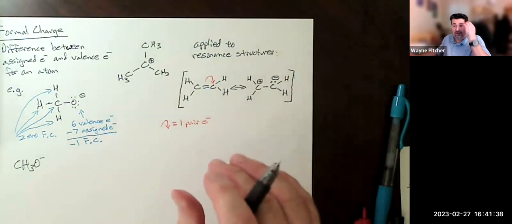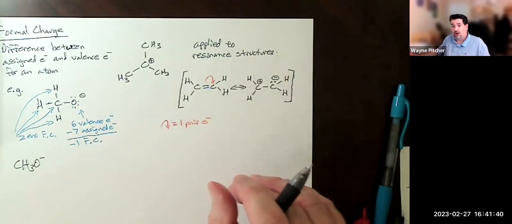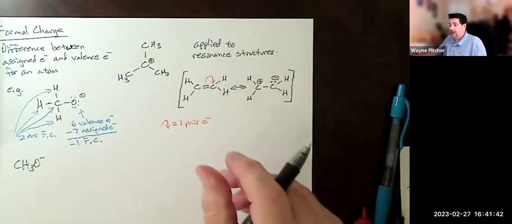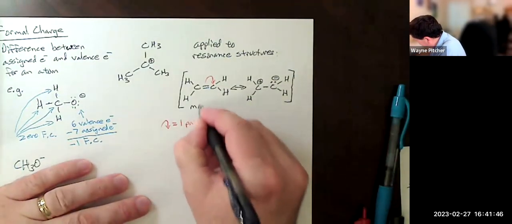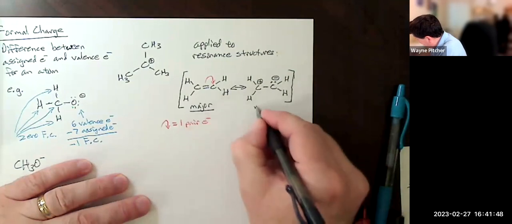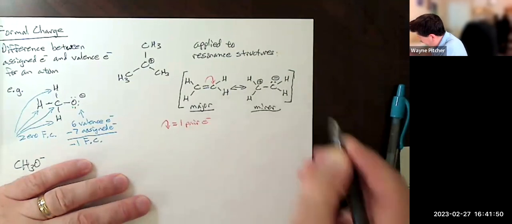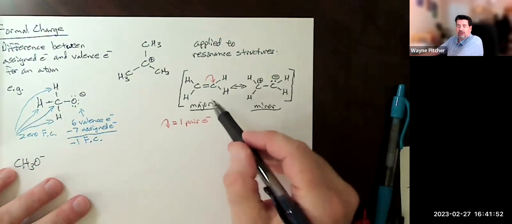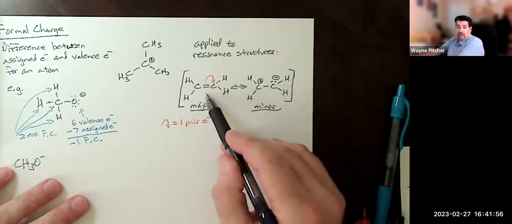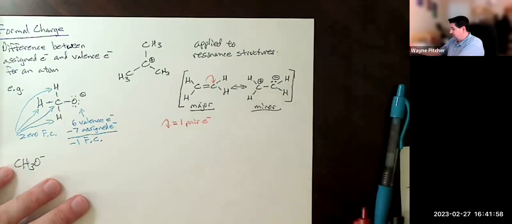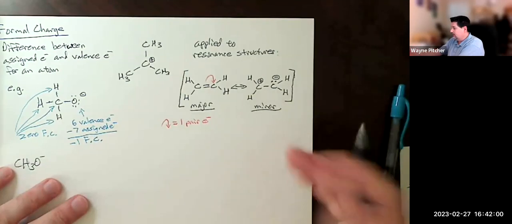Now, we may want to evaluate these resonance structures. Not all resonance structures are equally important. In this case, we would say that the structure on the left here is the major structure, and this one is the minor structure. Why would it be minor?